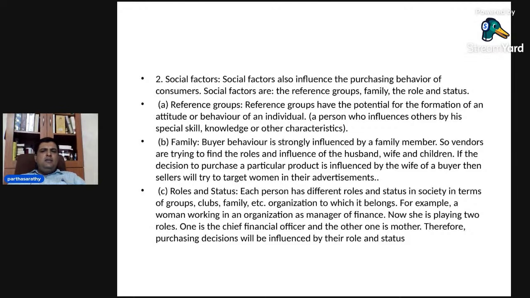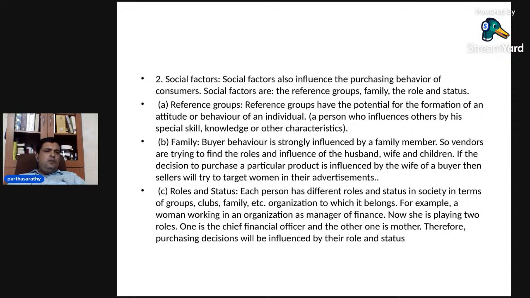Family, which we have discussed, that is the influence of the family: the wife, the children, the husband. If the decision to purchase a particular product is influenced by the wife of the buyer, then the seller will try to target women. For household products, the major decision is made by the women in the house, especially kitchen appliances, like a mixer, a refrigerator, a cooker, a washing machine.